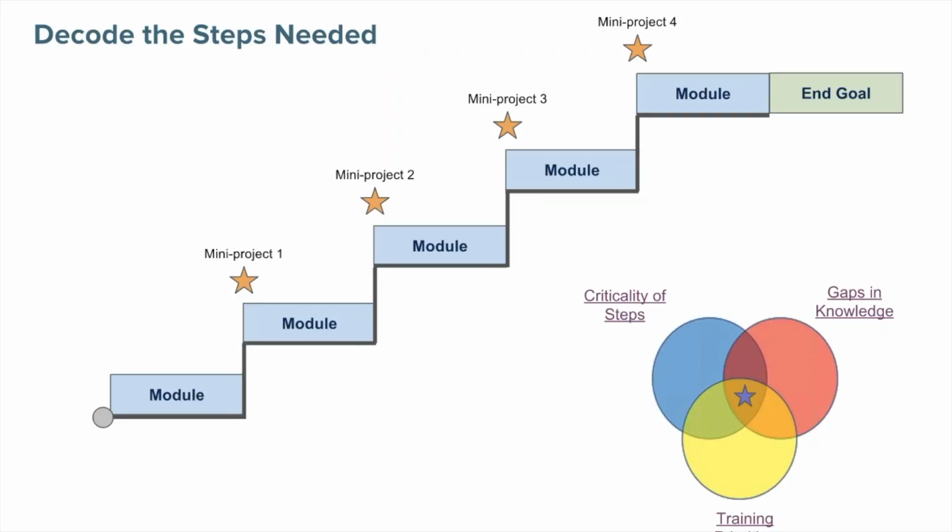The mini project could focus just on one small aspect of what you're trying to teach, and it might be something that they refer to later in their end goal or refer to later in another mini project, or it might be standalone. The point is each step along the way should be achievable, should be relevant, it should be important, and then you're sort of laddering them up to the end goal that you're trying to achieve.